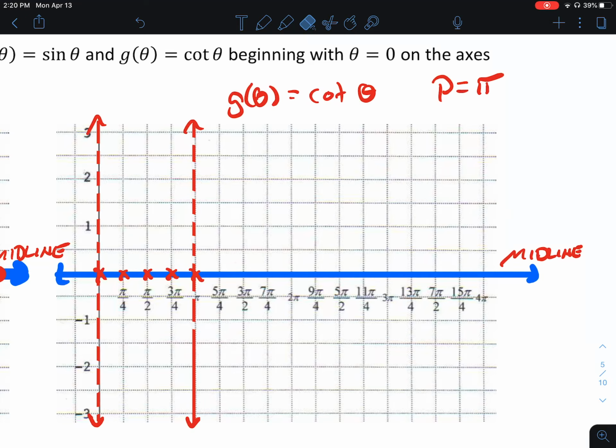And then also from memory, I know that cotangent touches the midline halfway through the period. A quarter of the way through, it's 1 above, and 3/4 of the way through, it is 1 below. This represents one cycle.